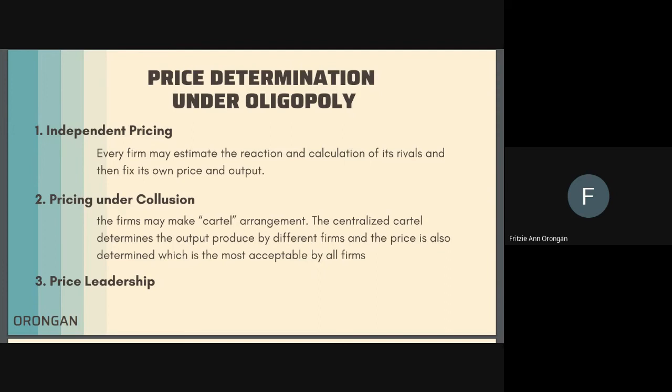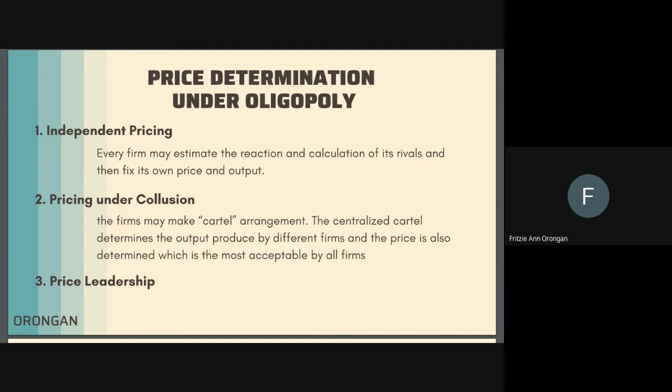Last is price leadership. It is a situation in which one firm assumes the role of a price leader and fixes the price of the product for the entire industry. The other firms in the industry simply follow the price leader, accept the price fixed by him, and adjust their output to this price. The price leader is generally a very large or dominant firm or a firm with the lowest cost of production.